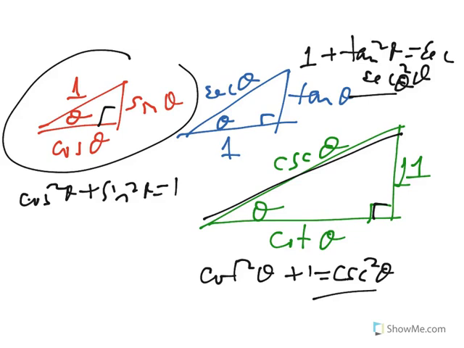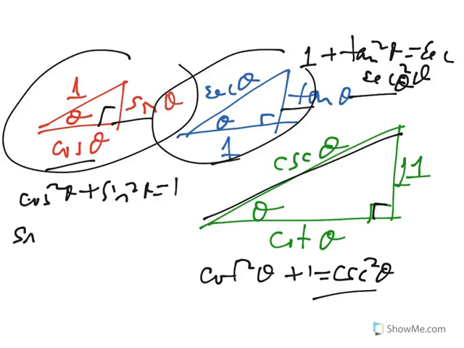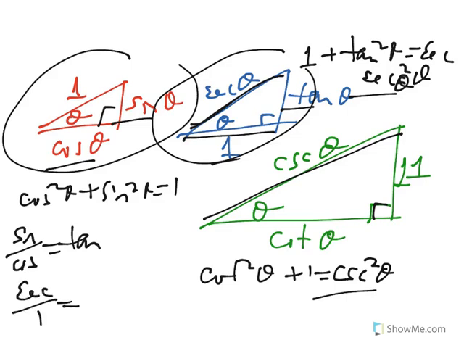There are 5 more identities that we can get through similar triangles. So if I take the red and blue triangles, I can say that sine over cosine equals tan over 1, which is very well known. I'm not going to write the theta right now. If I take the red and blue again, but instead I use the secant, the hypotenuse, and the adjacent side, I could say secant over 1 is equal to 1 over cosine, which is another famous identity.